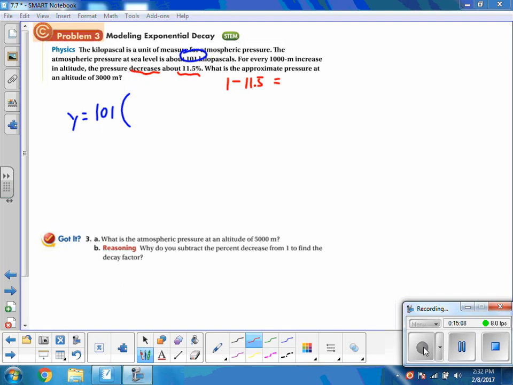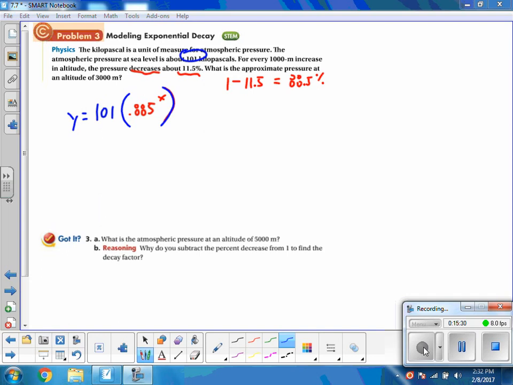So 1 minus 11.5% is going to be about 88.5%. So I can see this is decreasing this much. I need to write it as a decimal, so 0.885 gives me my percent, and then there's my exponent to top it off.